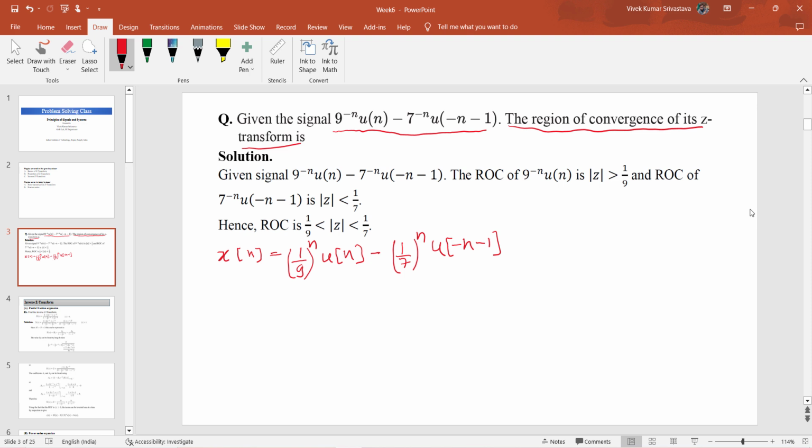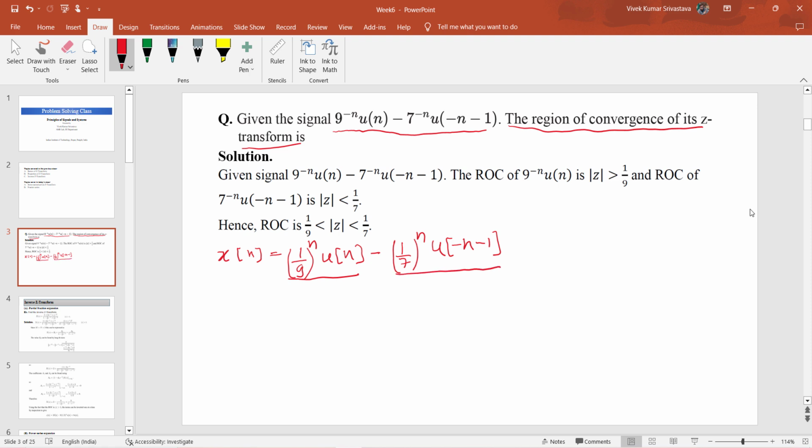We can use the knowledge of the previous class to directly find the region of convergence. In the previous class we saw two kinds of signal: one is the right sided signal, and the second one is the left sided signal.